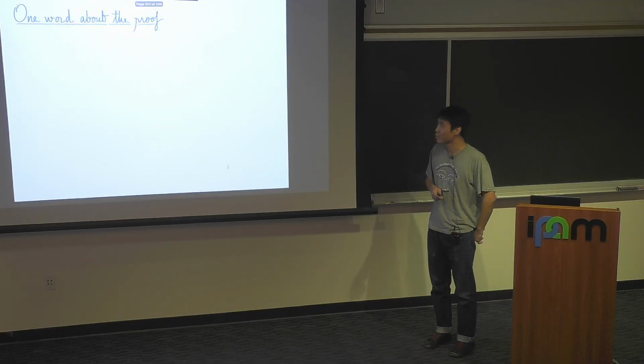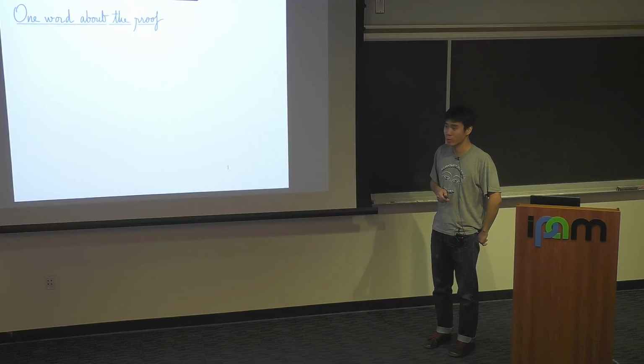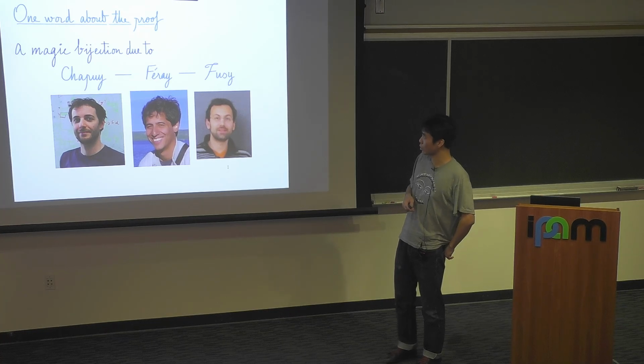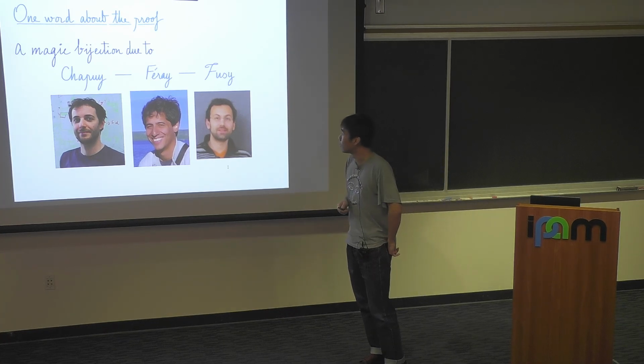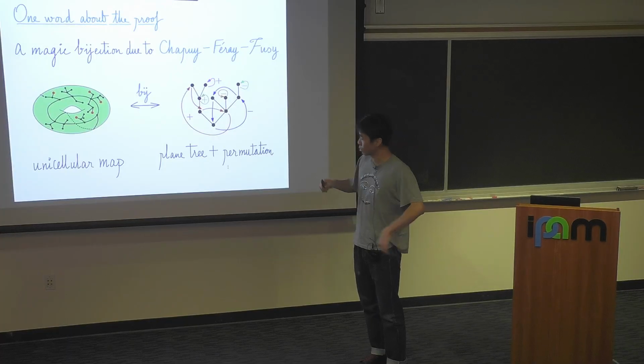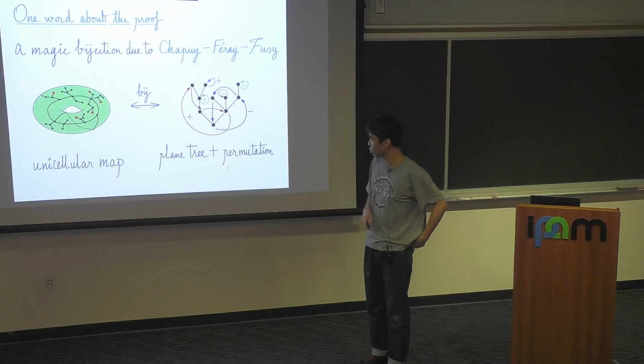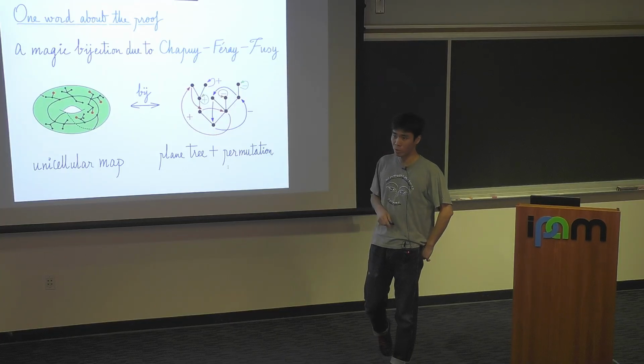Okay, so finally, just one word about their proof. Their proof is quite different from the proof of Mirzakhani and Petri. They heavily rely on this magic bijection due to Chapuy, Féray, and Fusy, which basically says that the unicellular maps are in bijection with plane trees decorated with some permutations.